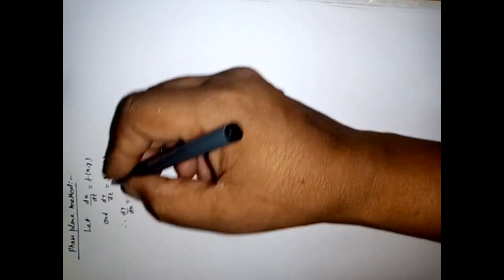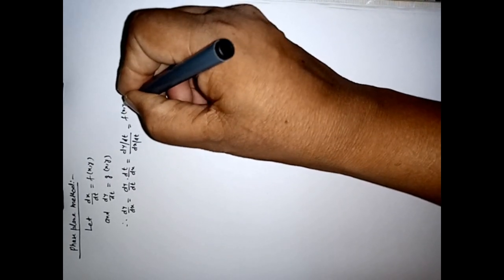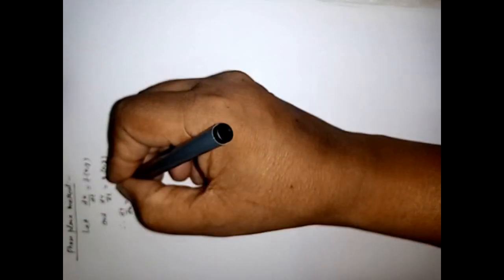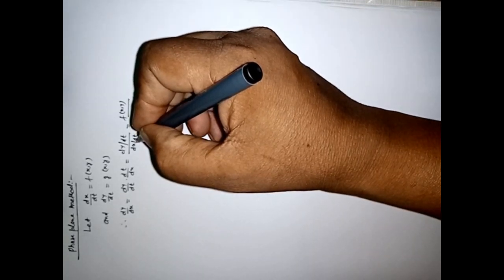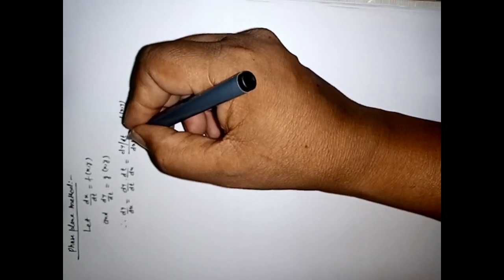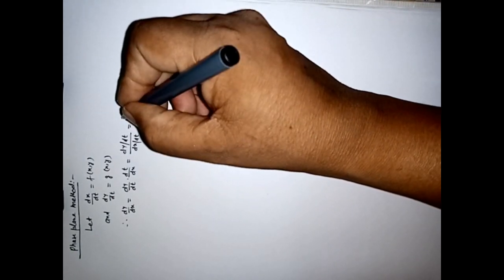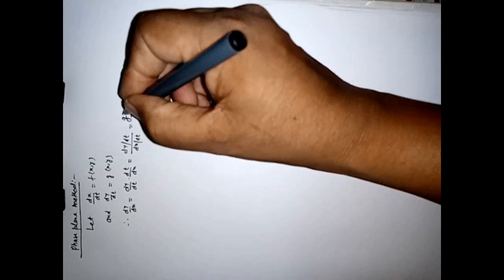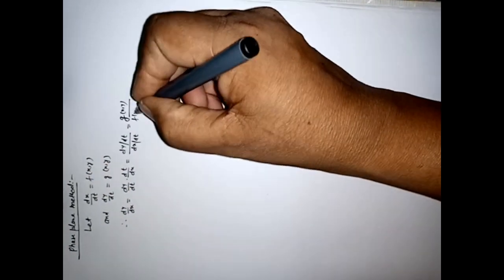Now here dx by dt is equal to a function f of x, y, and dy by dt is the function g of x, y.